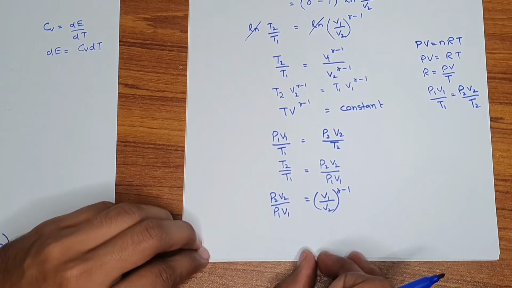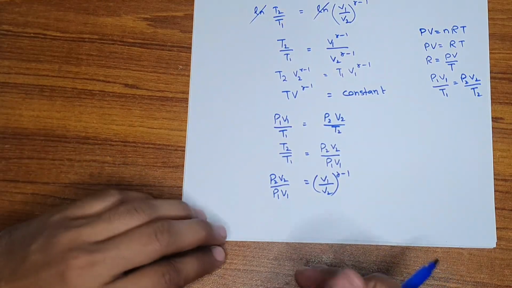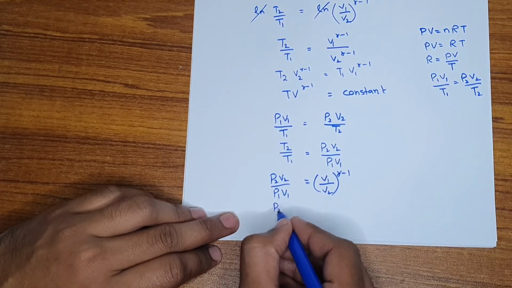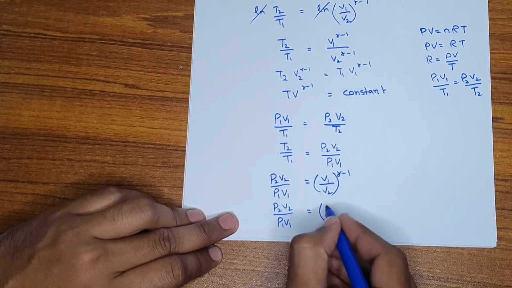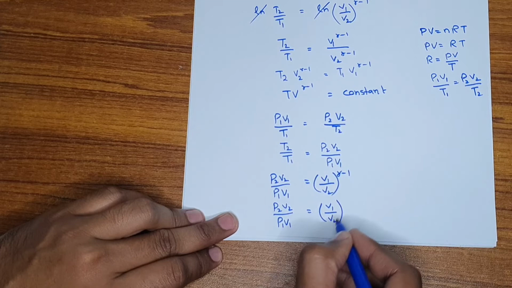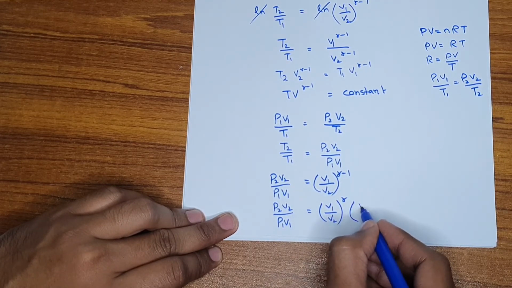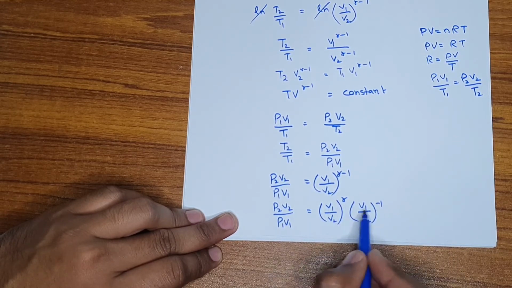After plugging in the value, I just have to break this into two parts. So how can I do that? P2 V2 over P1 V1 is equal to, I can write it as V1 over V2 to the gamma, and this minus 1 I can write separately. I have just divided the power into two parts.